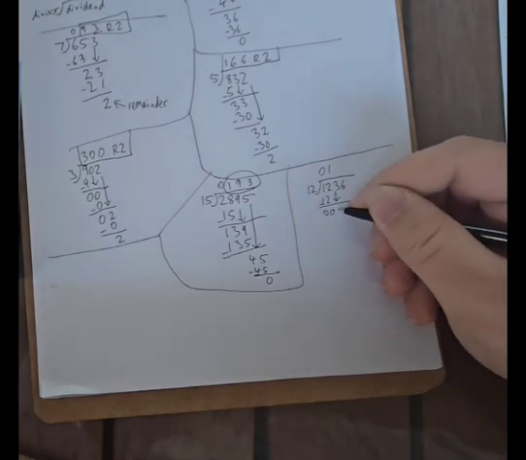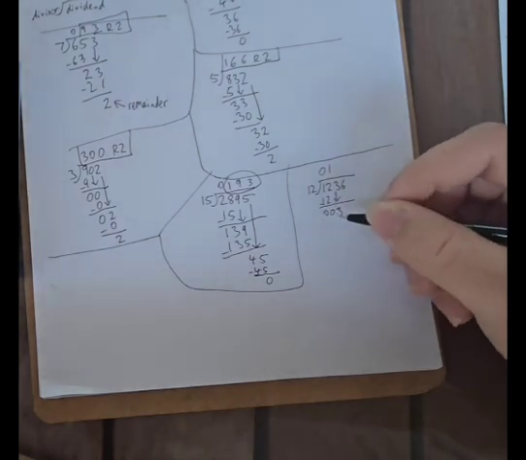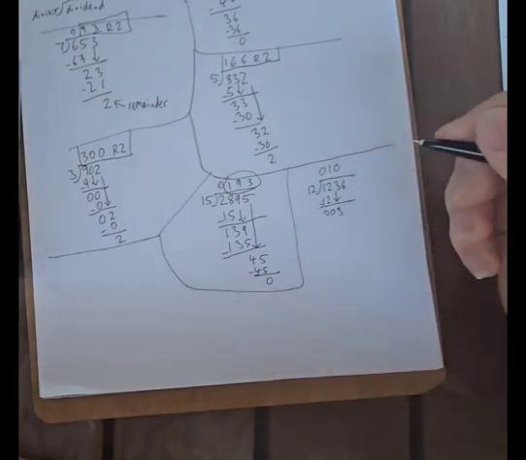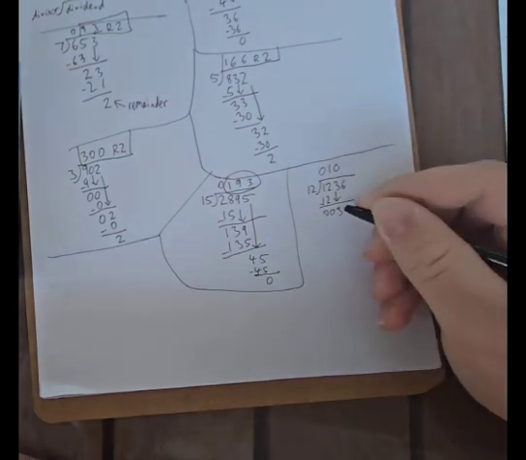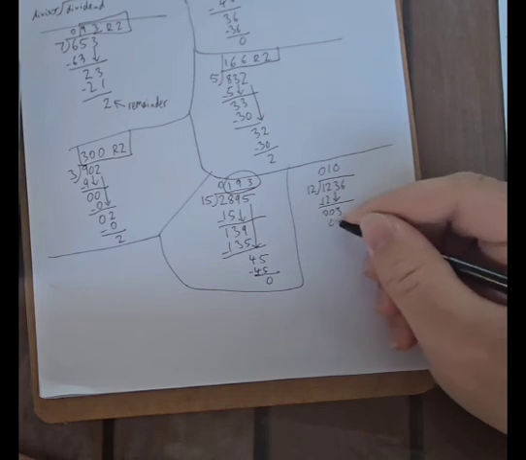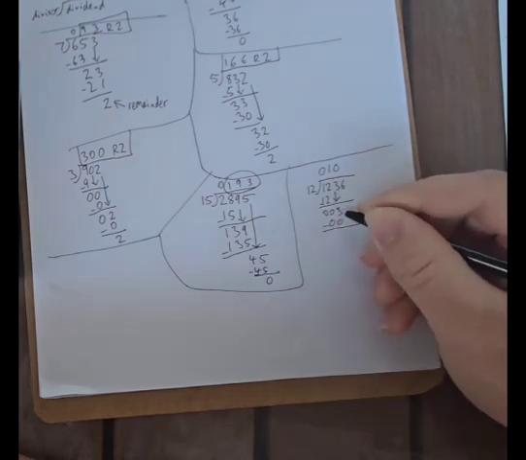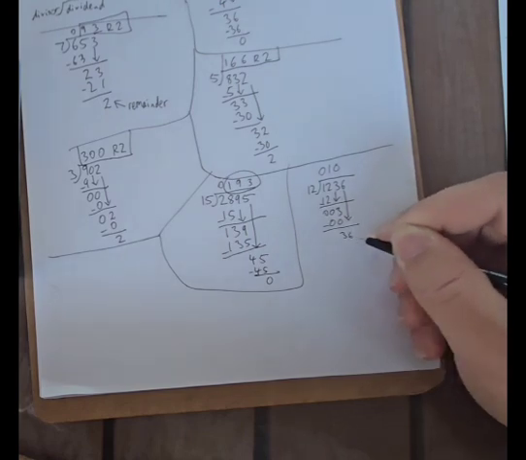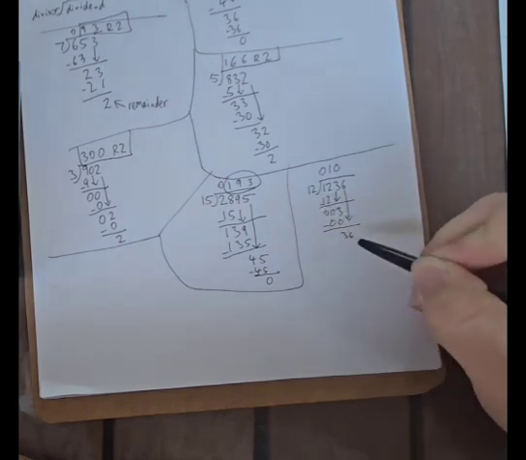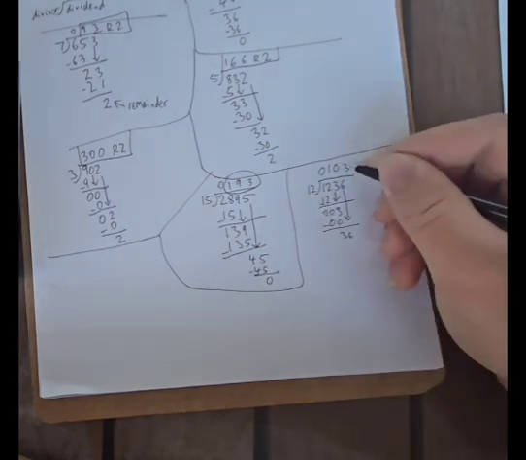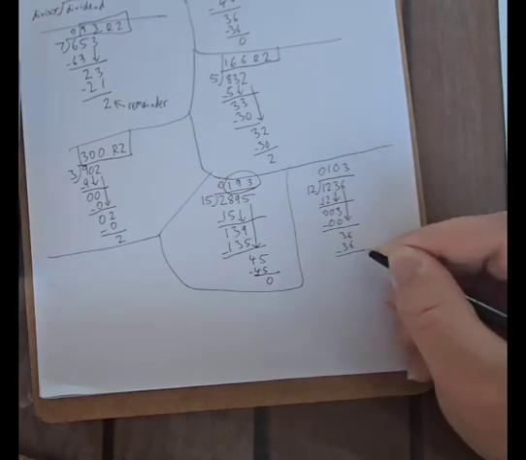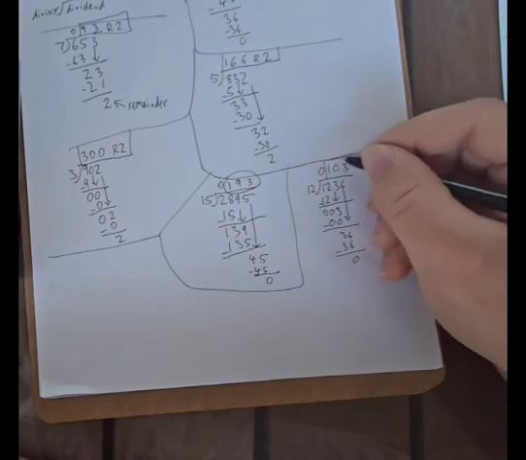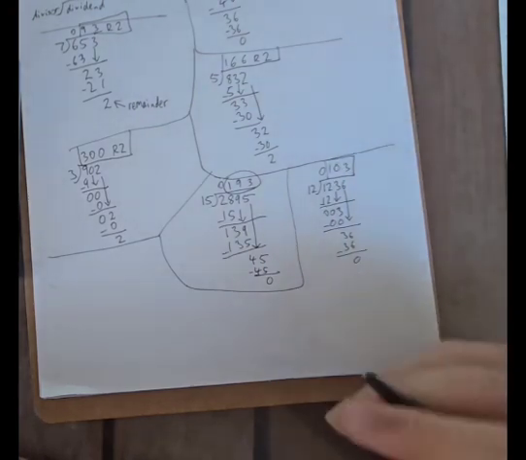Well, how many times does 12 fit into 3? 0 times. So we just put a 0 here. 0 times 12 is 0. So we subtract 0. 3 minus 0 is just 3. And we pull down the 6 over here. How many times does 12 go into 36? Exactly 3 times. 3 times 12 is 36. 36 minus 36 is 0. No remainder. Here's our answer, 103.